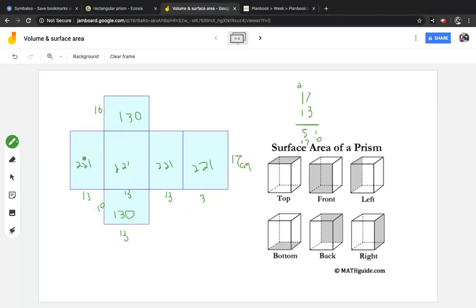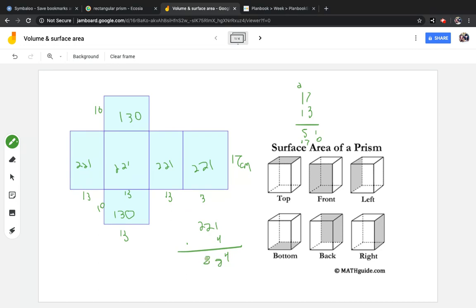Okay, once I find the area of each wall, I add them together. So 221 plus 221 plus 221 plus 221. Oh gosh. We're just going to times that by 4. So it should be 884.